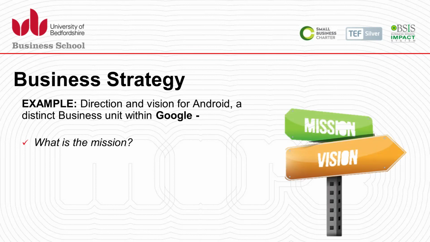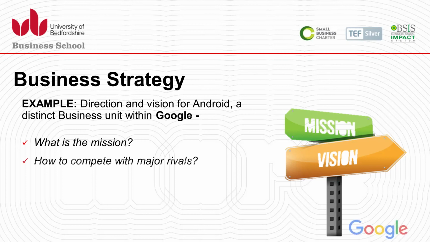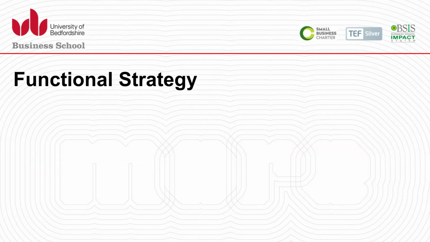It is important for the business under the corporate level strategy to know what the business has to achieve, what its mission is, and how to compete with major competitors or rivals. So we are looking at the mission and the vision of the business, and from there we have to set the business strategy in place.